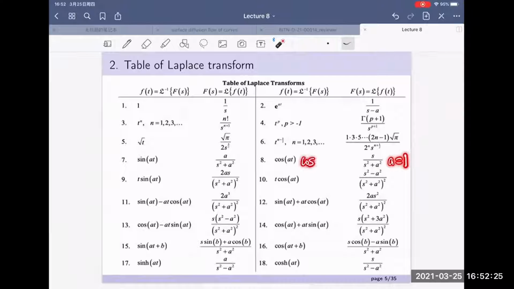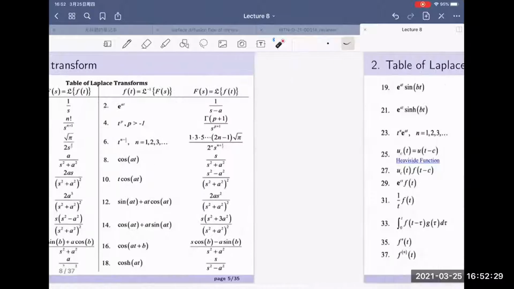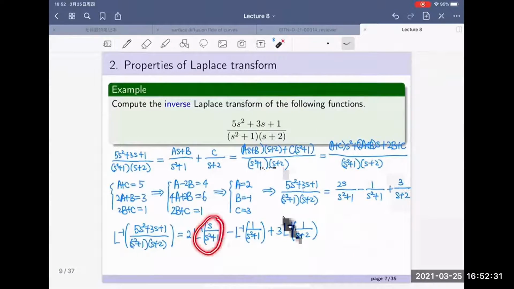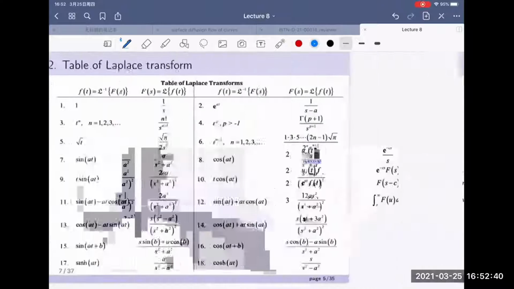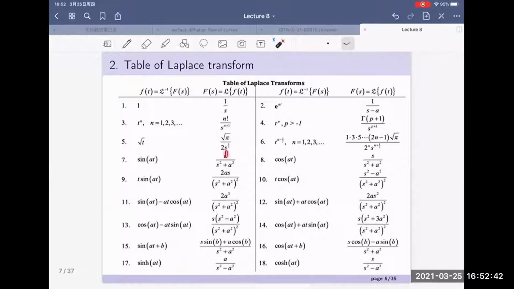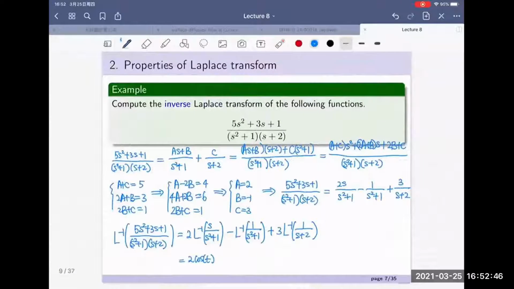So you get cosine of a times t. A is 1, so you get cosine t. And for the second part, it's just 1 over s squared plus 1. You get sine t.